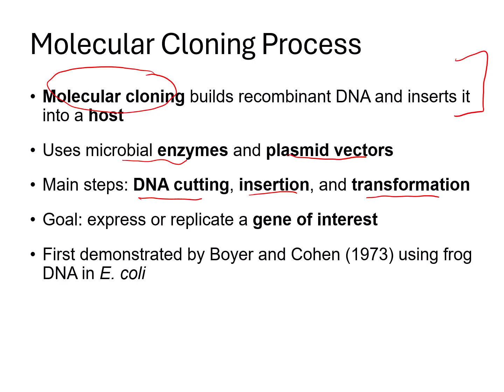The goal is to replicate or express those genes of interest, the ones that we've inserted into the plasmid. This process was first demonstrated by Boyer and Cohen in 1973. They took some frog DNA and cloned it into E. coli. This was a major milestone back then in genetic engineering.